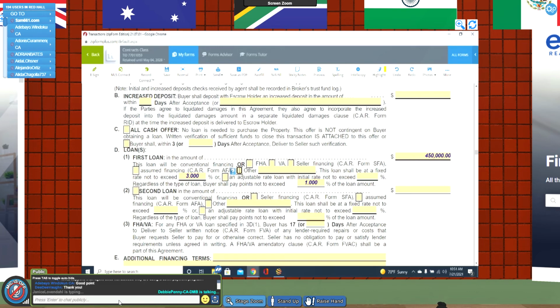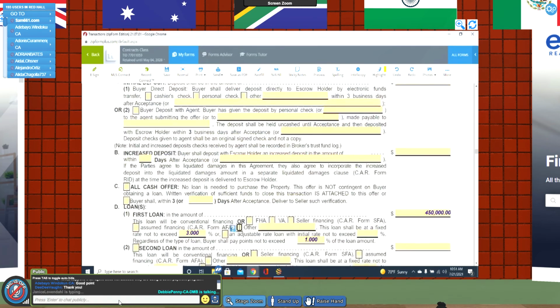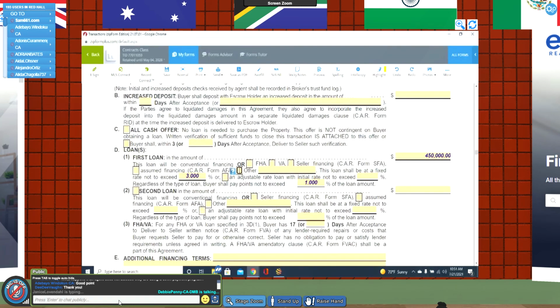Okay. Another form of proof of funds, by the way, let's say you have a buyer who is selling another property and their funds are coming from that other property. Now they're still going to need funds for an initial deposit, right? But let's say the majority of their down payment is coming from the sale of their home.